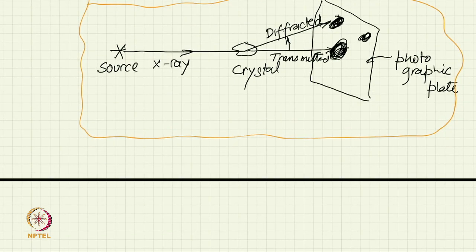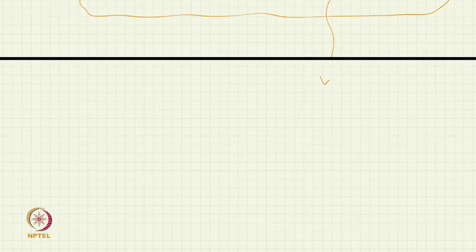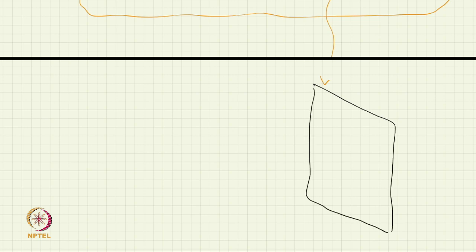Now, the way I have drawn here, the diffraction pattern is a discrete diffraction pattern. There is a transmitted beam, then there are diffracted beams, let us say.